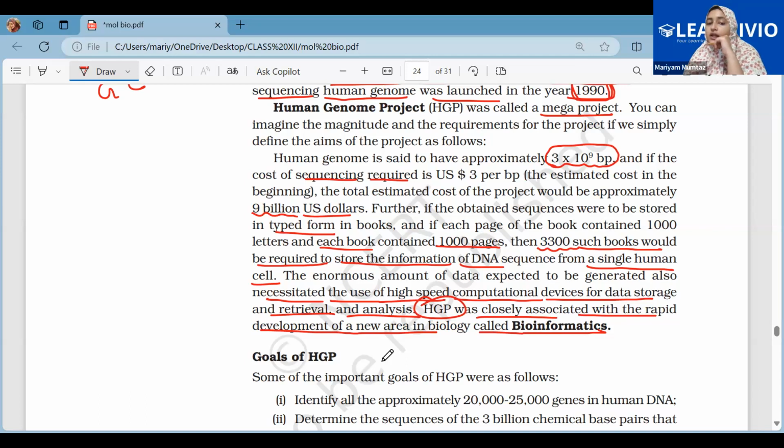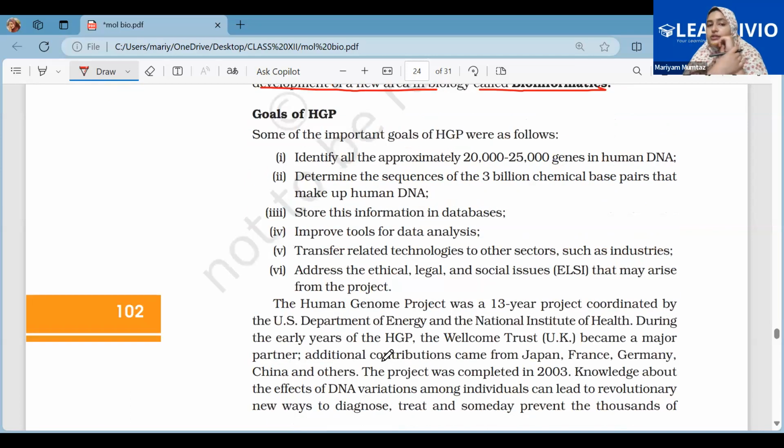Now let us see what the goals were. Some of the important goals of the Human Genome Project were as follows. Identify all the approximately 20,000 to 25,000 genes in human DNA. Then determine the sequence of 3 billion chemical base pairs that make up human DNA. Imagine, this was the huge goal that they had. Then after determining the sequences, like whether A is there, T is there, G is there, C, like what is the sequence?